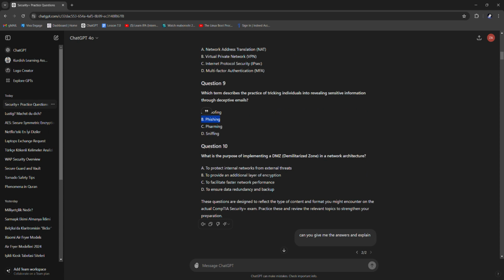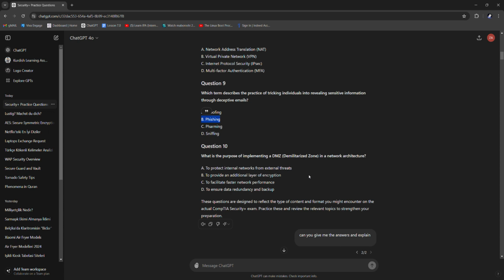Question 10: what is the purpose of implementing a demilitarized zone, DMZ, in a network architecture? Many companies have external and internal networks. Some companies have servers that have to be publicly accessible, and you don't want those in your internal environment.